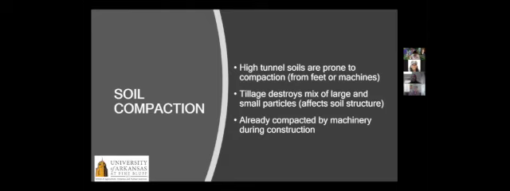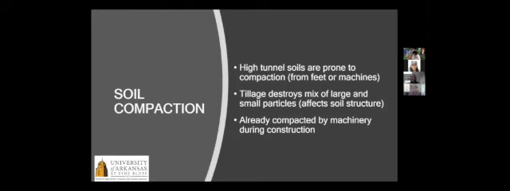We also suffer compaction from machines. You may have maybe a light tractor. We may think, oh, it's just a light piece of equipment we have up in there. But just from going up and down in there, you're going to compact your soil. Tillage also destroys the mix of large and small particles in the soil, and that affects the structure.